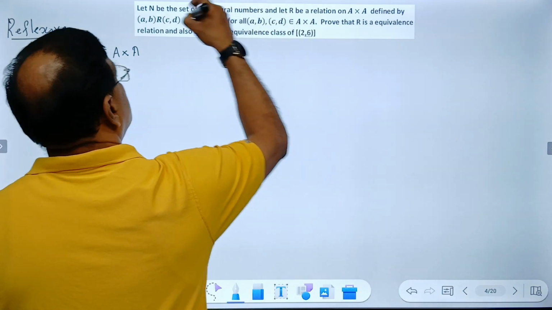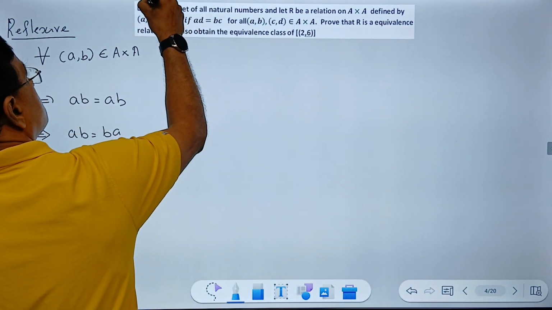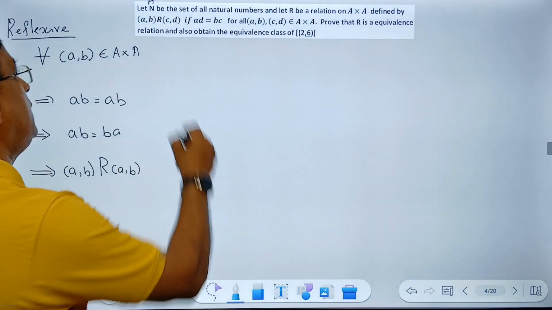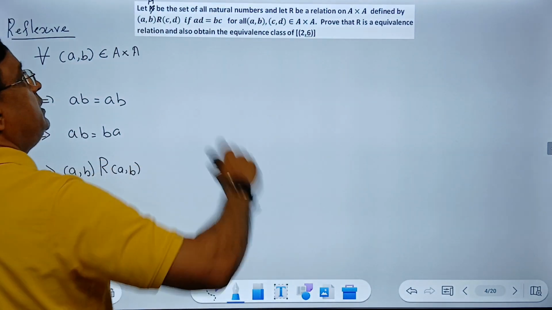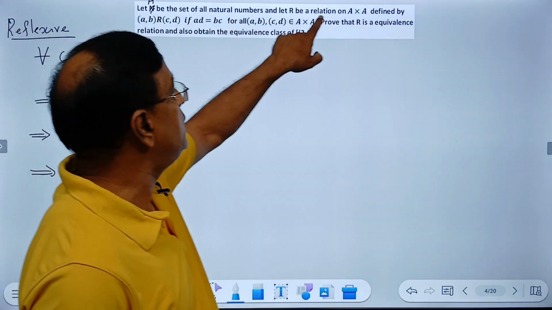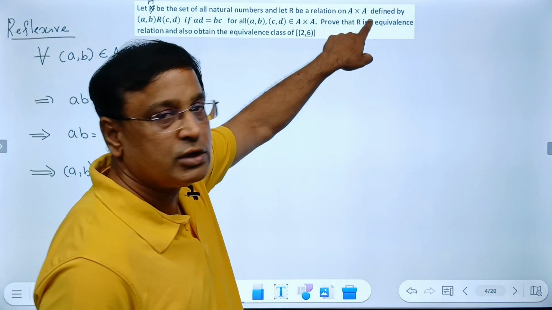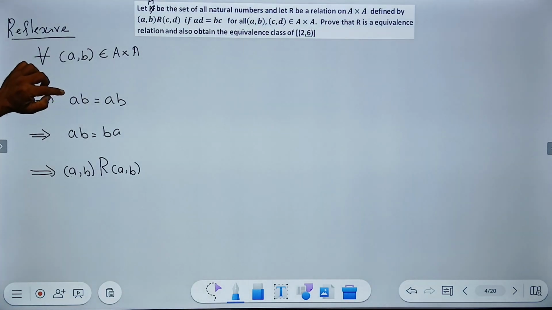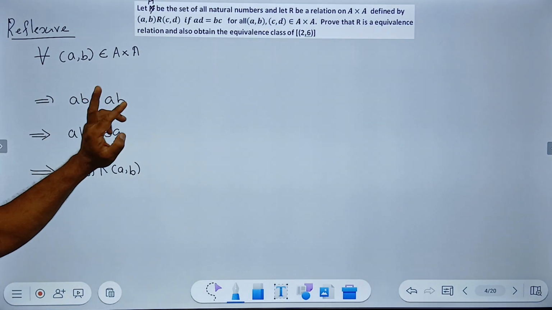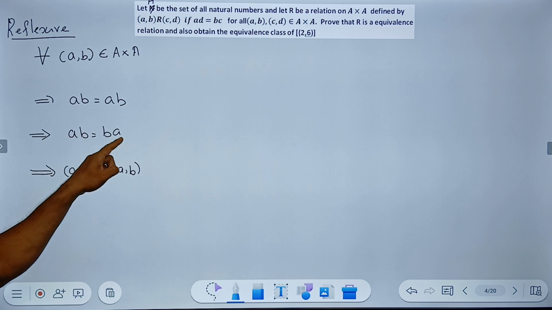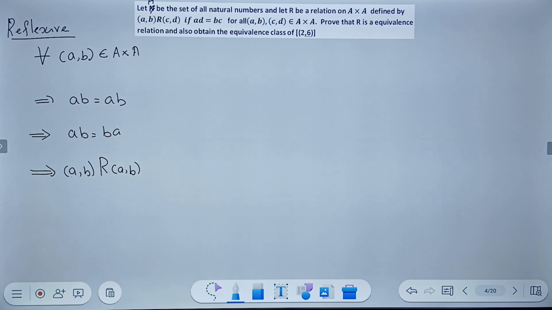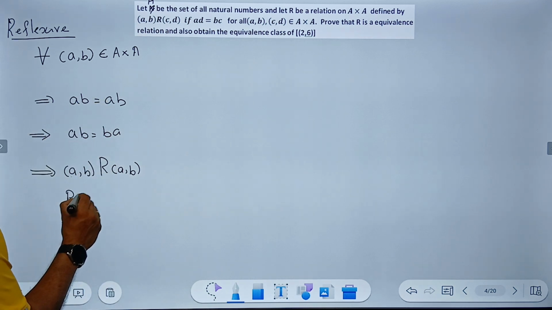So this is actually N cross N. So each and every element A and B are natural numbers. You know, product of two natural numbers is commutative. So AB is same as BA. That is why I got this. So now you can say R is reflexive.